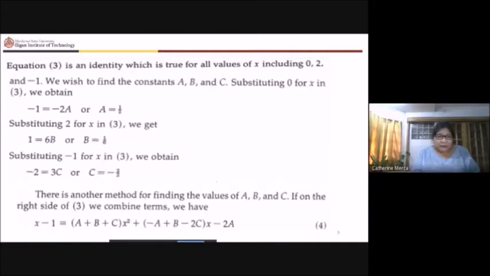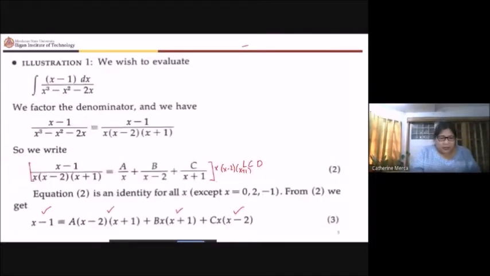So you can now solve for the values of a, b, and c. And how do we do that? Balikan natin yung kanina. You have here x minus 1 is equivalent to a times x minus 2 times x plus 1, plus bx times x plus 1, plus cx times x minus 2.